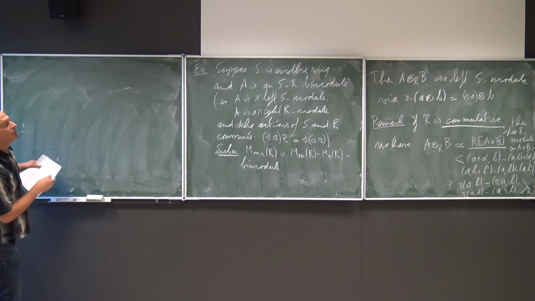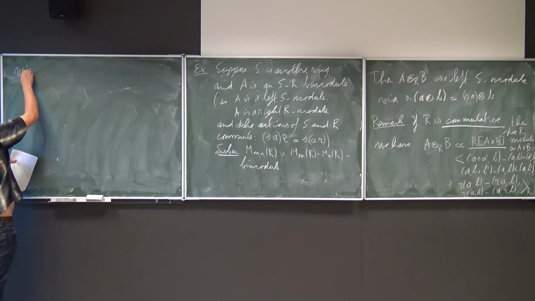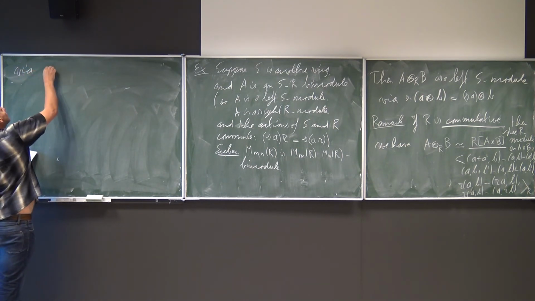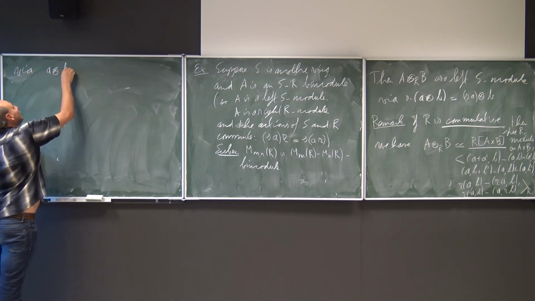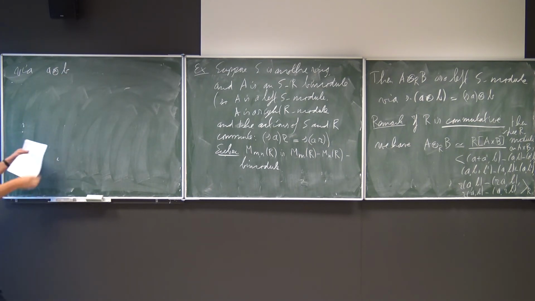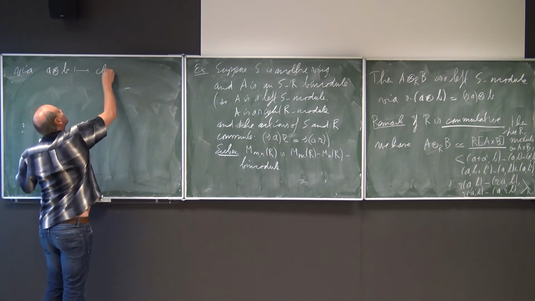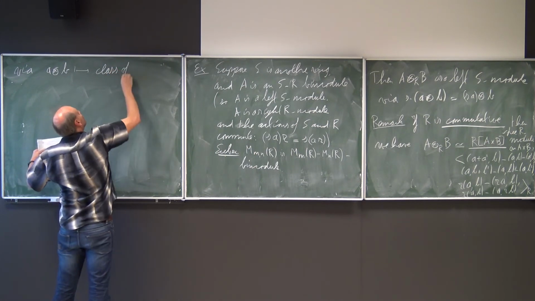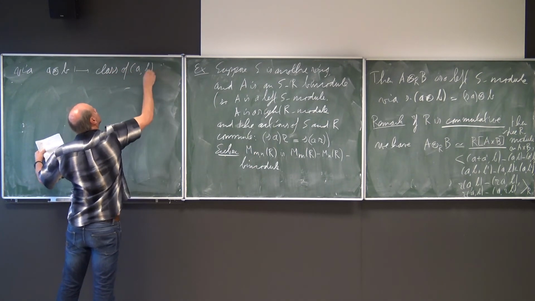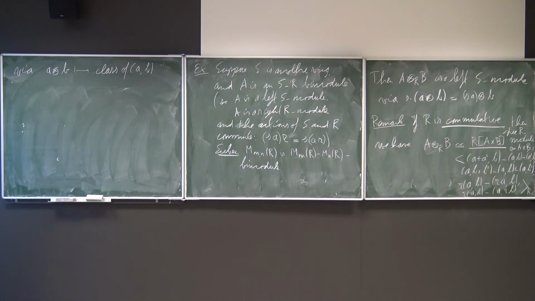So I claimed it was an isomorphism, and the maps are as follows. So I can start in the tensor product on the left, and I map this to the class of (a,b) on the right, or 1 times (a,b).